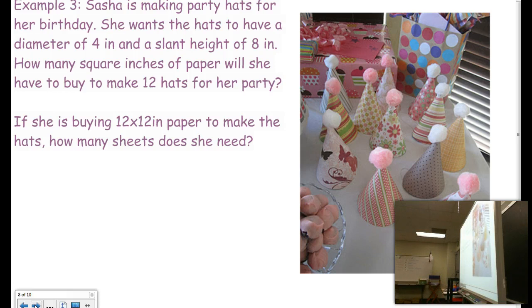Are you going to look for surface area or volume? Surface area, guys. If you're going to make party hats, you are not finding the volume. You're not going to fill the hat with paper. Now, if you're making a party hat, are you finding the LA or the SA? Both.